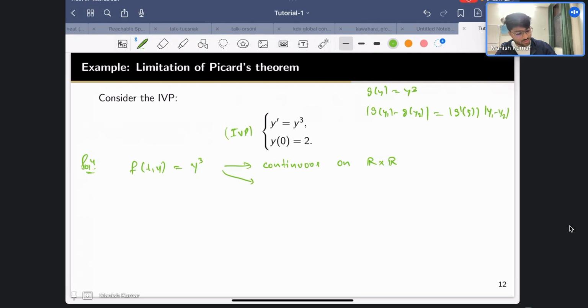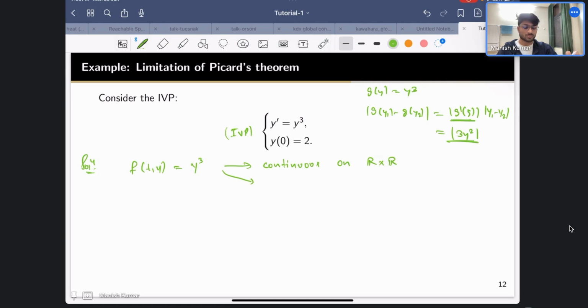If you can bound this, then you are done. Here g prime of y is 3y square, so the bound will depend on the size of the domain. So this is one way of saying that if a function is C1, then it is locally Lipschitz.